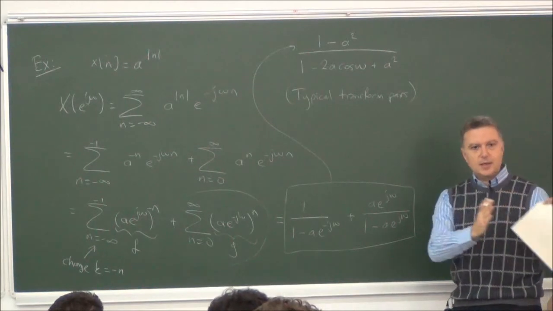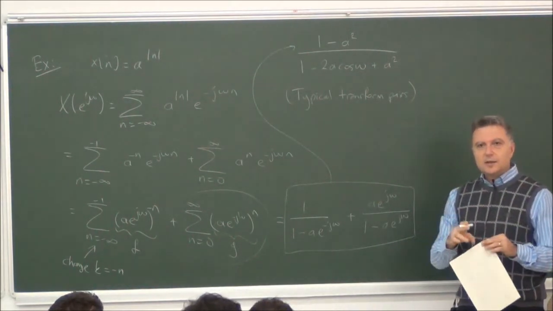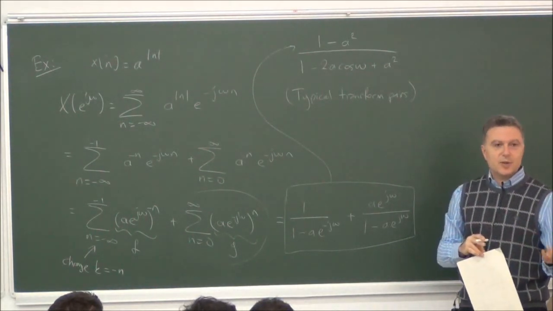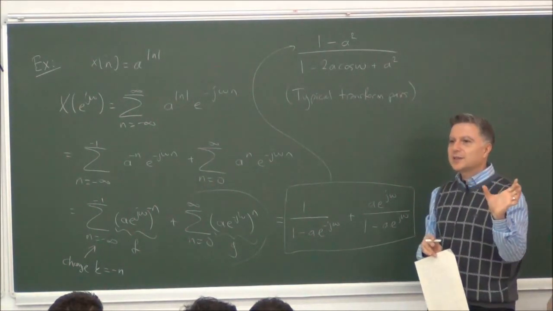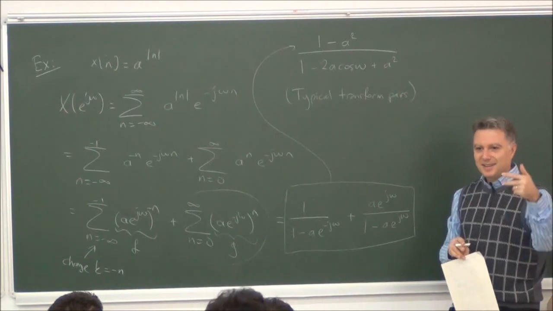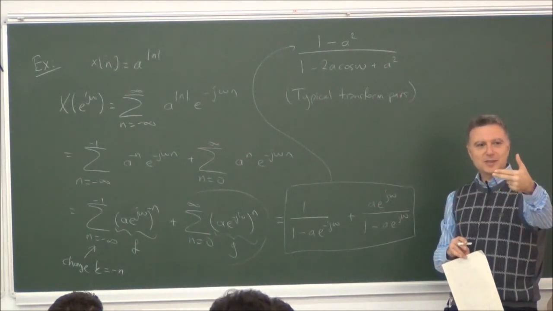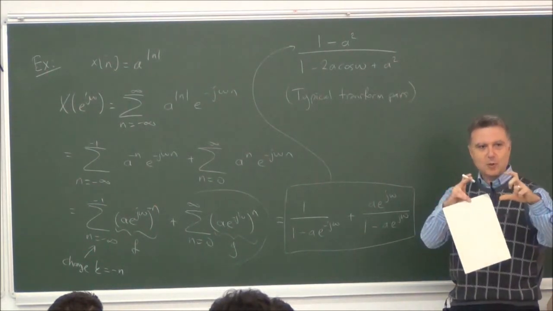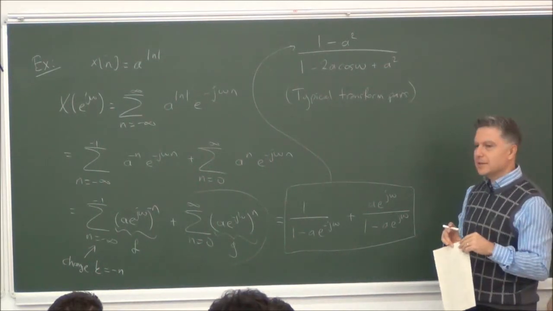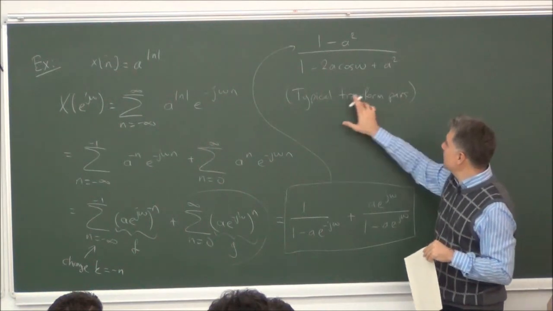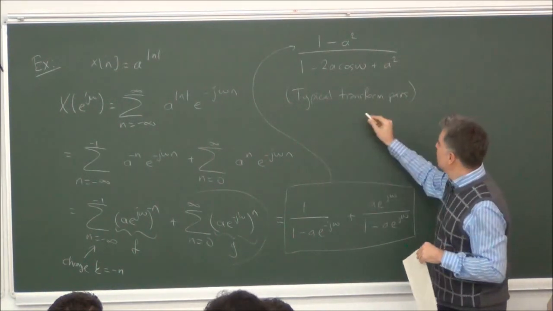Transform properties, typical pairs. There may be other tables in the book as well. For example, there's a very small table showing the Fourier transform formula. Okay, the inverse Fourier transform and the forward Fourier transform. A small table. Do not bring that. The only tables that you're allowed will be typical transform pairs and properties.